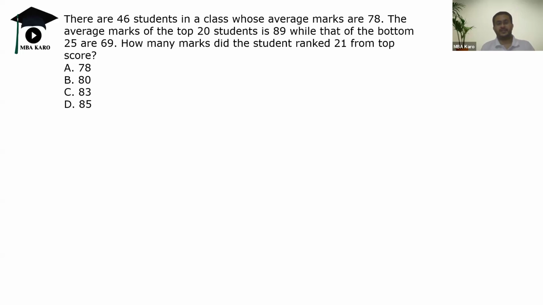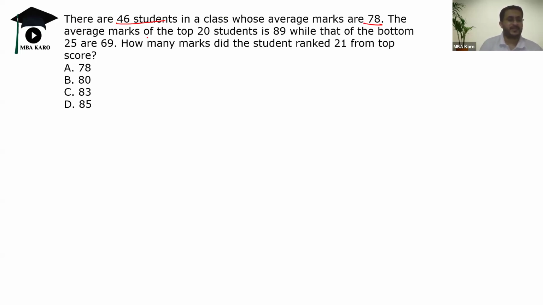So basically we are given the grand total: 46 students and average is 78. Whenever you read this kind of statement, where we see the average and the number of people, we are indirectly given the grand total. So total marks is 46 into 78.